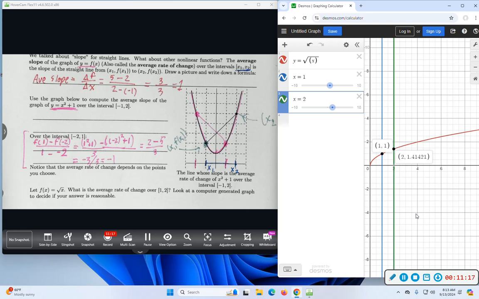We'll use that to just check if our answer seems sensible. So, how many people have a numeric value for this average rate of change? Either exact value or decimal approximation. What'd you get? 0.4142.